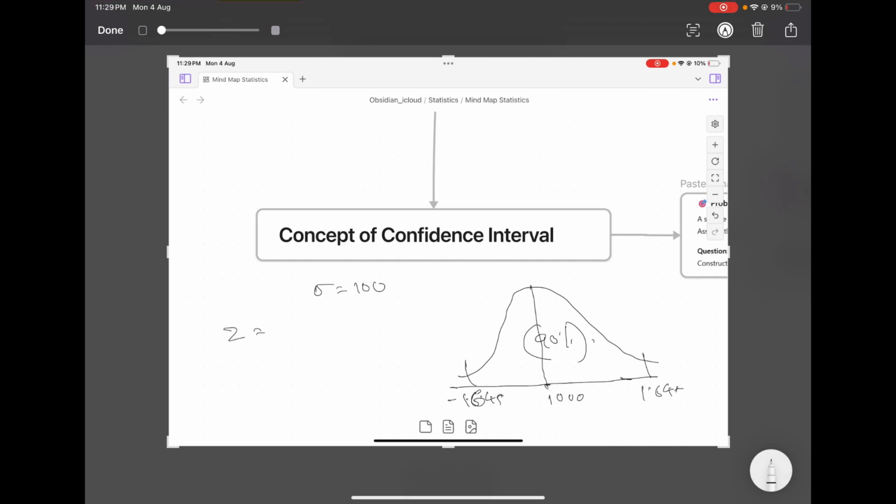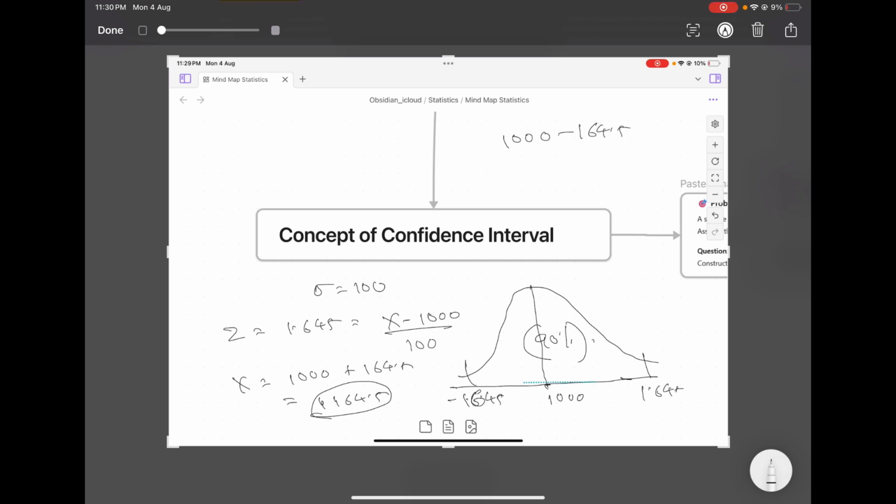So 1.645 is equal to x minus 1000 divided by 100. So x is equal to 1000 plus 164.5, 1164.5. And similarly x2 will be 1000 minus 164.5.